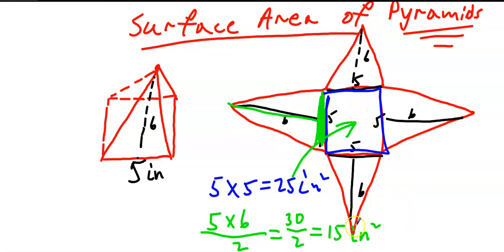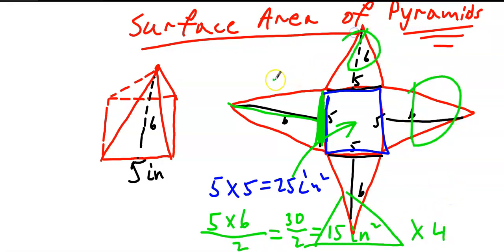Okay, so we had one of those squares, and we had 4 of these triangular pieces here. So if we multiply that 15 by 4, we had 1 here, 1 here, 1 here, and 1 on the bottom. And the same thing if I were looking at it the other way, front, back, right side, left side. Those are the 4 triangles.